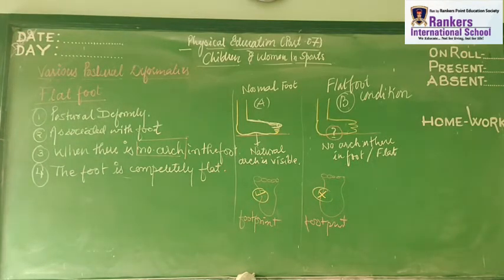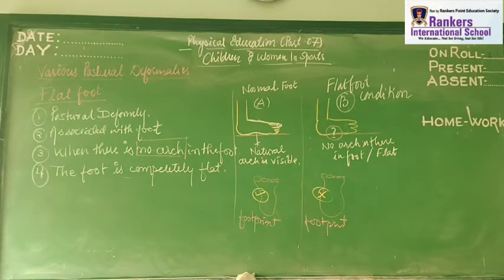So now let's see what exactly the natural foot and flat foot are. When we talk about flat foot, the appearance of flat foot is natural and common in infants. Flat foot in children usually disappears when they attain adolescence and adulthood.